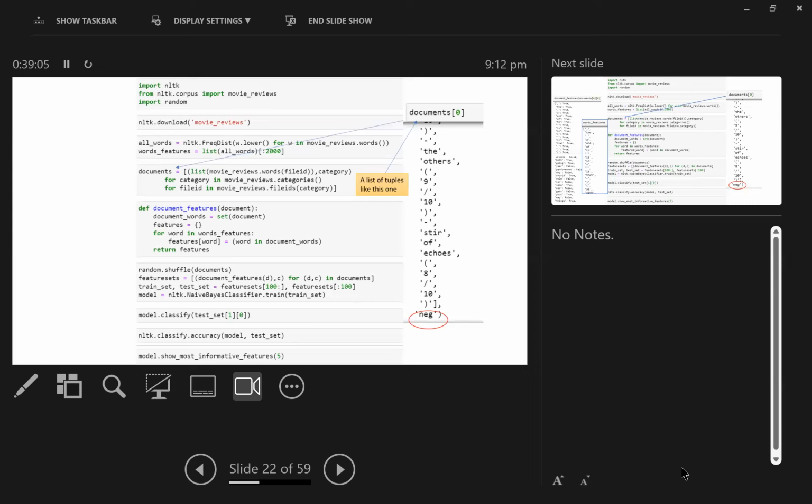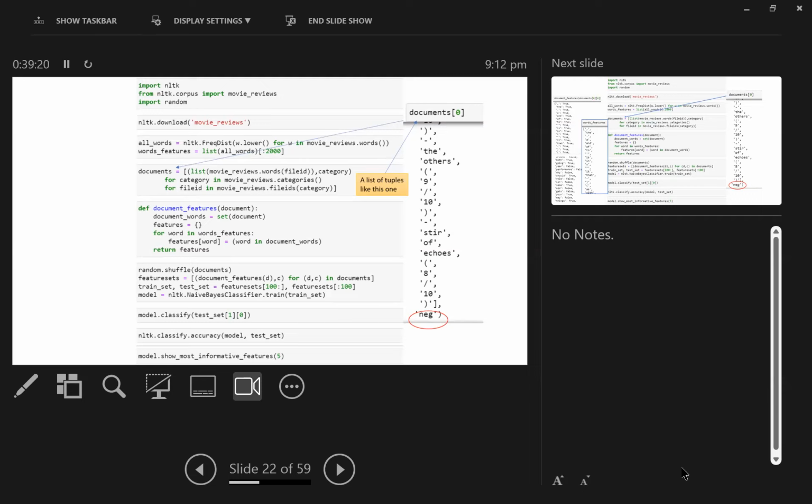So what this statement is doing is going through the two categories one by one.